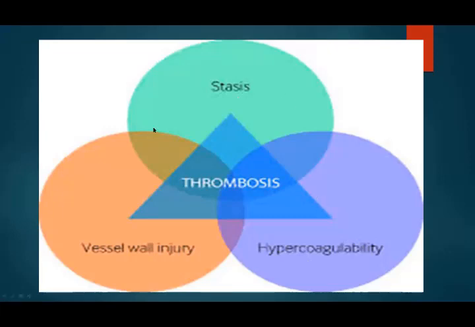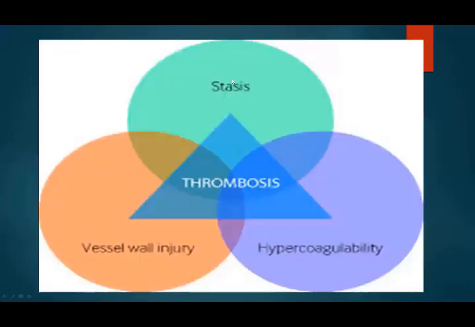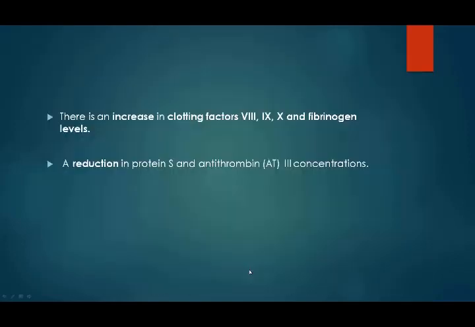So all these three factors, again I would like to emphasize: the stasis, the vessel wall injury, and the hypercoagulability, all lead to more risk of thrombosis. So don't forget these three major points. Pregnancy itself is a state of stasis, pooling of blood in the lower limbs, the hypercoagulable state, and the vessel wall injury. Coming to the hypercoagulable state, why is pregnancy hypercoagulable?